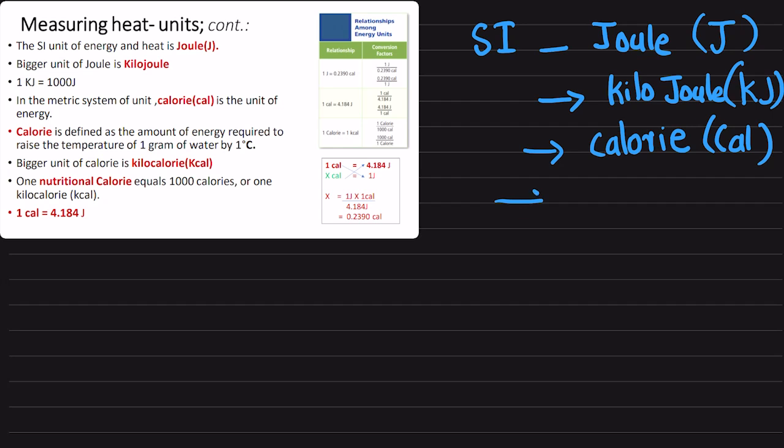Another unit of heat is kilocalorie, represented by kcal.